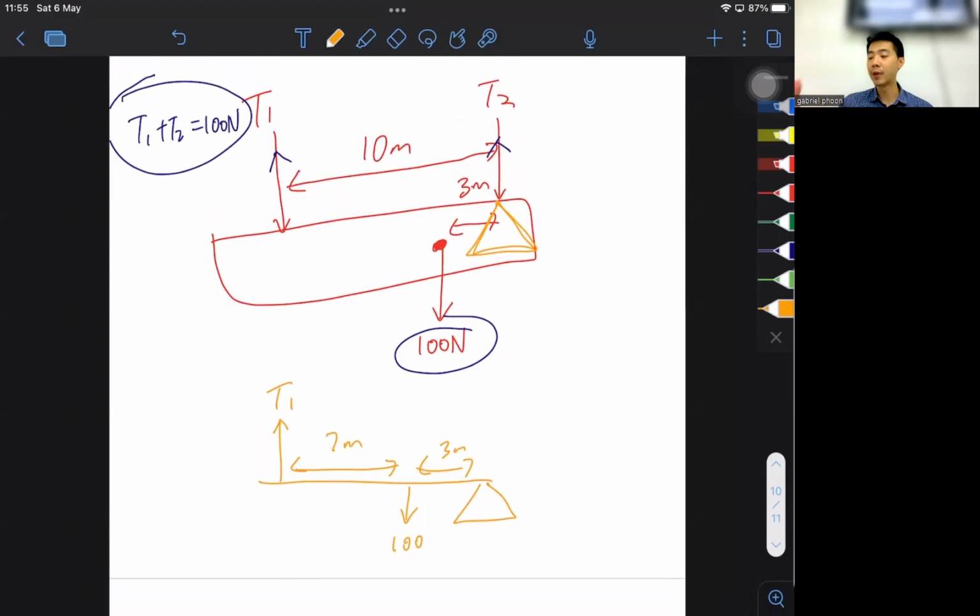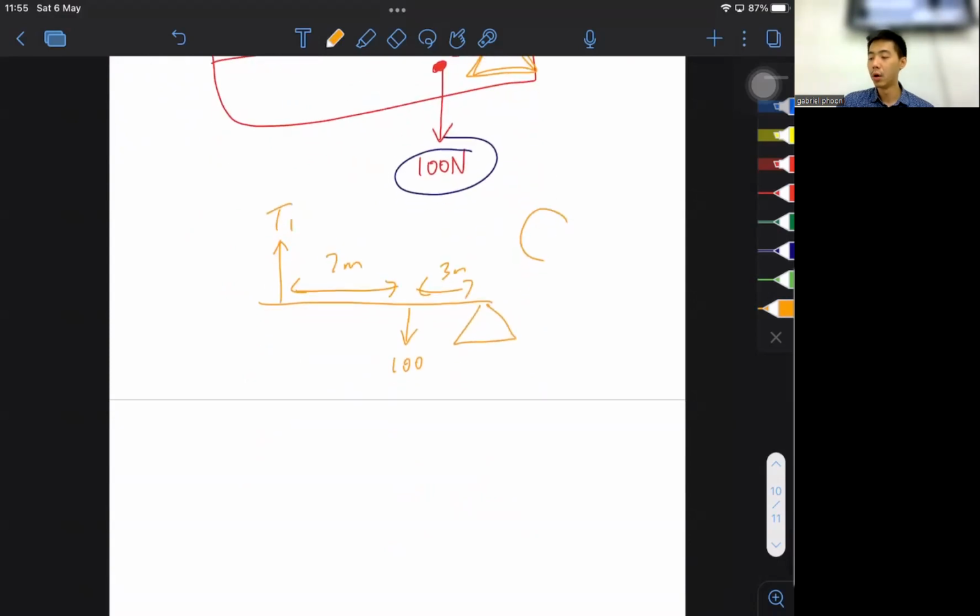Okay, so once I have this ready, this is basically moments in equilibrium once again, which will state that the anti-clockwise moment equals the clockwise moment. So, I gotta calculate it. It will be 100 multiplied by 3 equals T1 multiplied by 10.